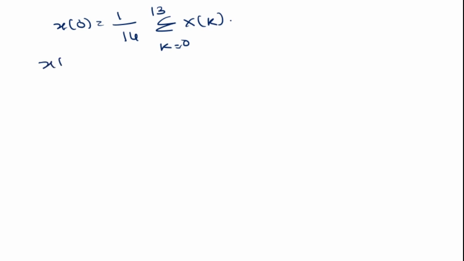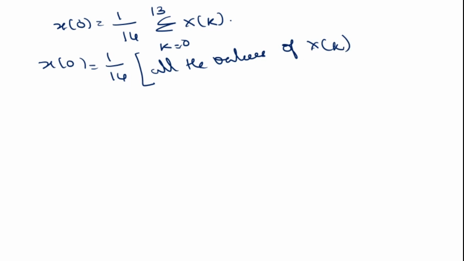Then x of 0 is equal to 1 by 14 into, we have to add all the values of x of k. That means x of 0 is equal to 1 by 14 into 32, which is equal to 2.2857.